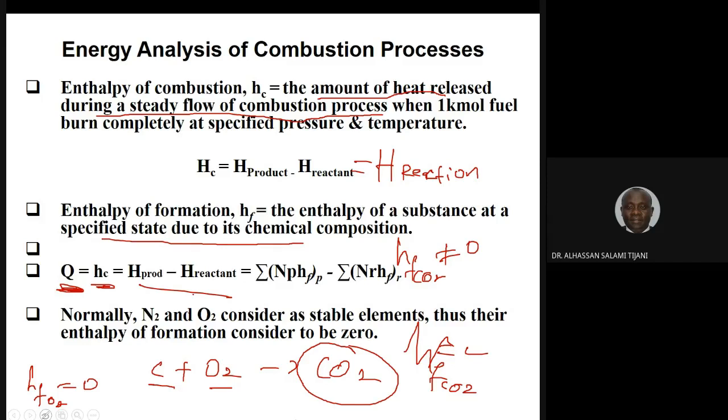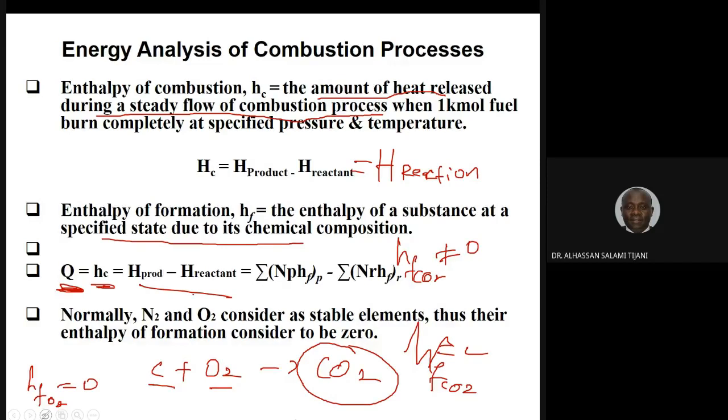The same thing applies to all naturally existing elements, such as nitrogen, oxygen, carbon. All these exist in their natural state. But we can form water from hydrogen and oxygen, and we can form carbon dioxide from carbon and oxygen. These don't exist naturally, and we can produce them through the combination of these naturally existing elements.